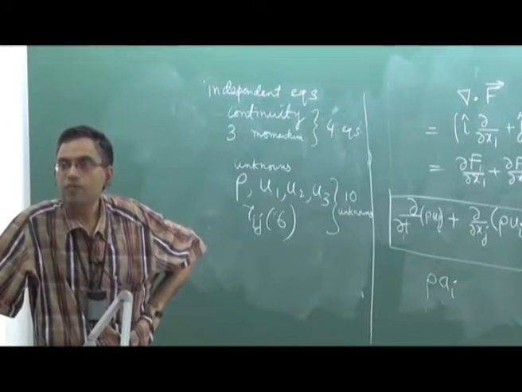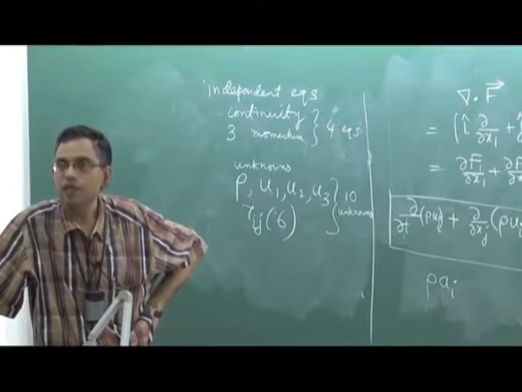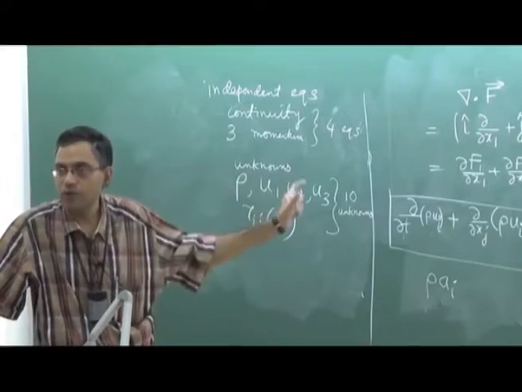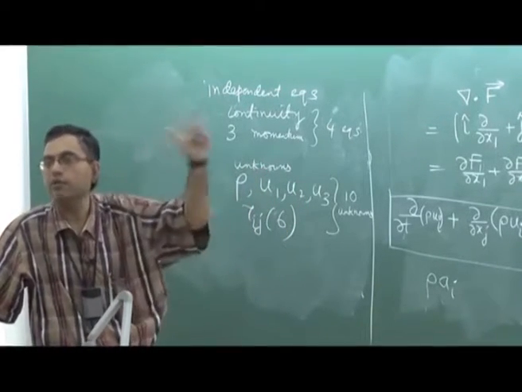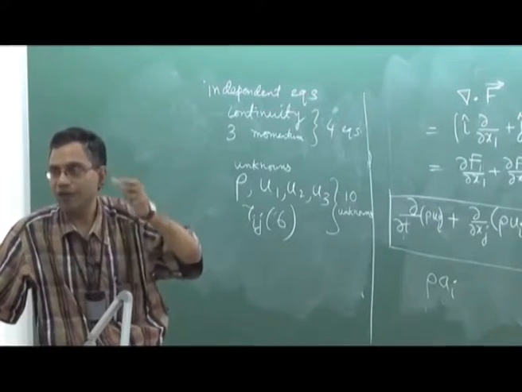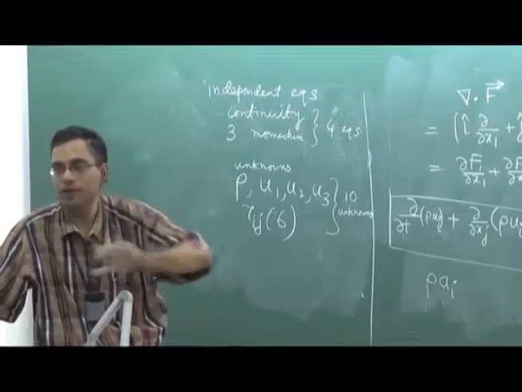So you require further simplification, and for further simplification you need to treat the fluid as a special type of fluid. So far we have treated the fluid as a general fluid, so it can be used for any type of fluid, but to make further simplifications we have to consider fluid by fluid separately.